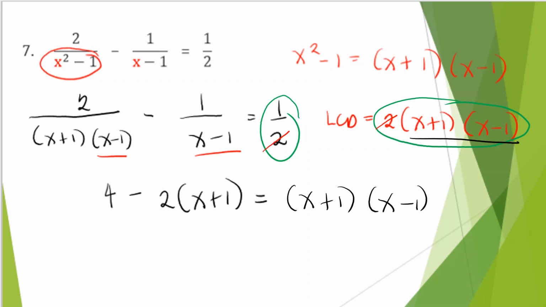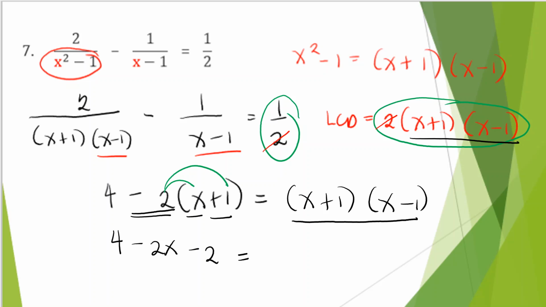We can now solve the equation. Let us first apply the distributive property of multiplication. So we have 4. Negative 2 times x is negative 2x. Negative 2 times positive 1 is negative 2, is equal to, again, this is the sum and difference of two squares, so this is equal to x squared minus 1.